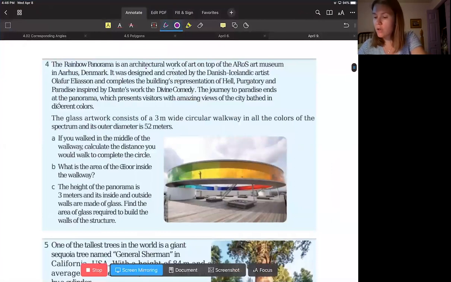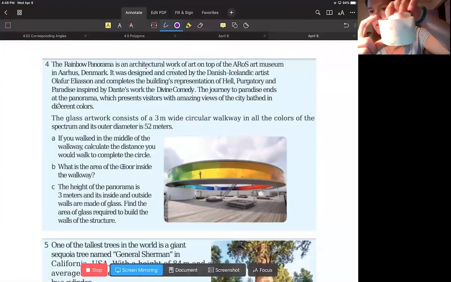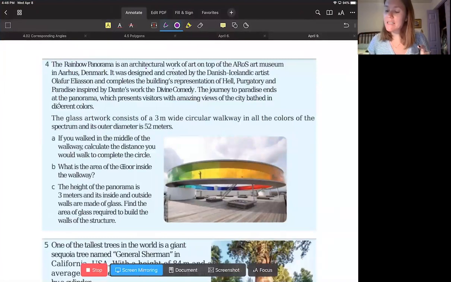So now the last question, C: the height of the panorama is 3 meters and its inside and outside walls are made of glass, okay? Find the area of glass required to build the walls of the structure. Okay, find the area.